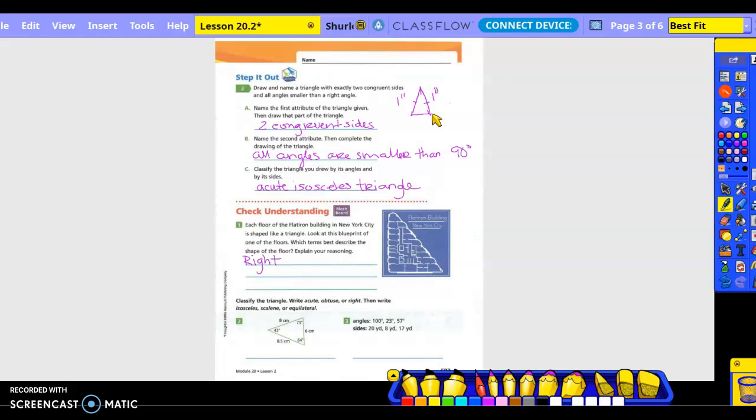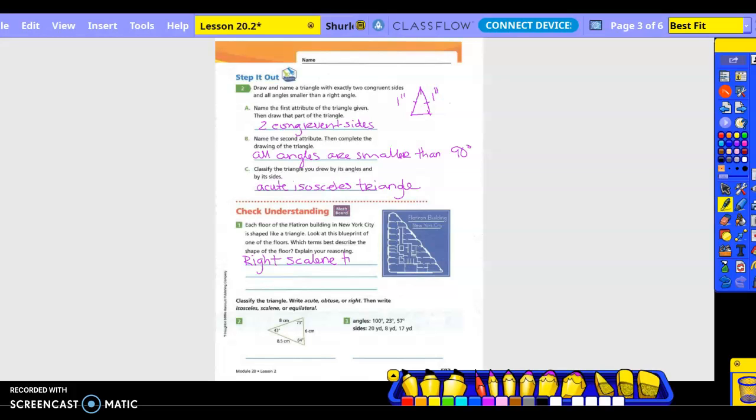Then what do you guys think about the side length? No, and we know for sure the slanted one doesn't. So it's actually a scalene. None of them match.